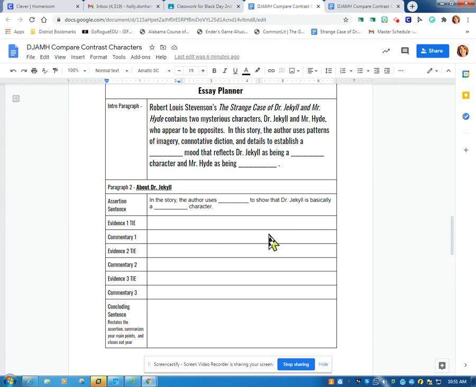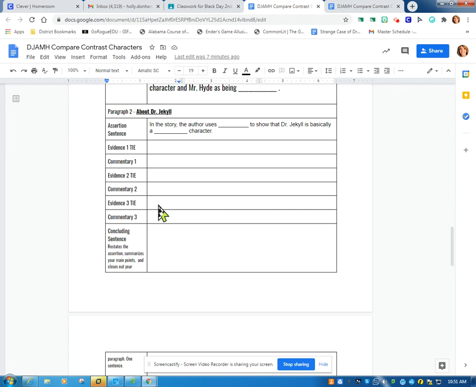And then type your commentary. You just copy and paste it from your chart. Then copy and paste your second piece of evidence with your page number, and copy and paste your commentary that goes with that. And then your third piece of evidence from your chart with your page number and quotation marks, and copy and paste your commentary.